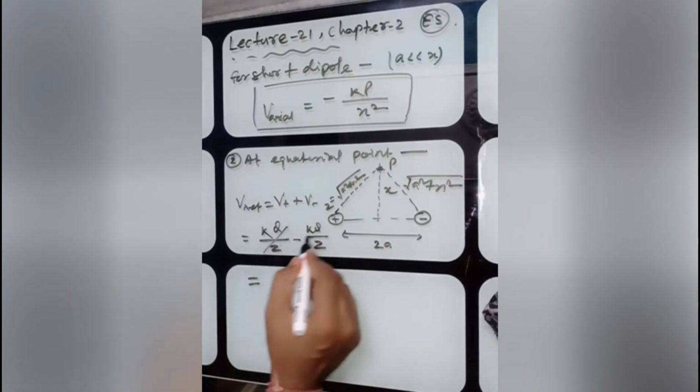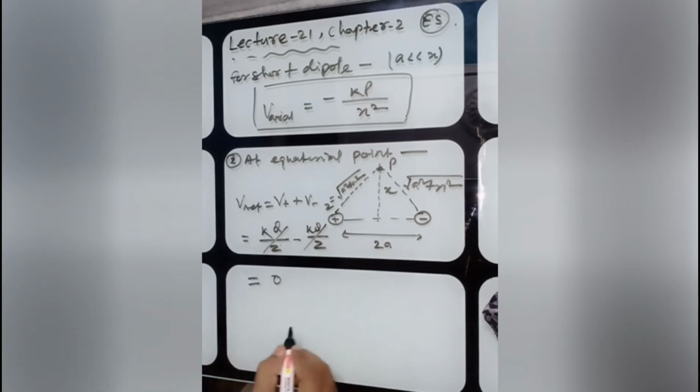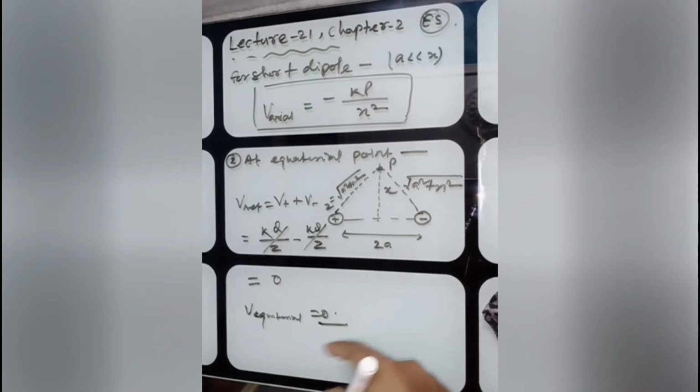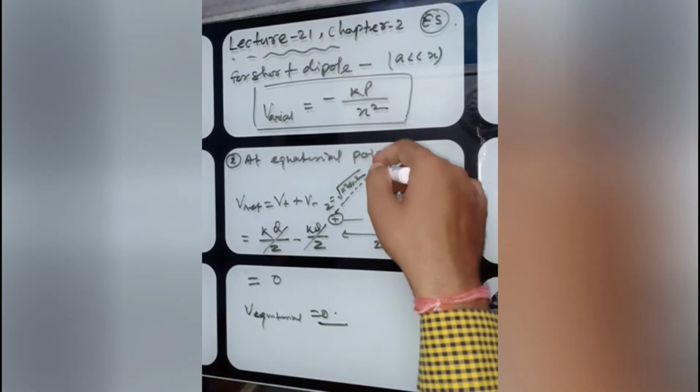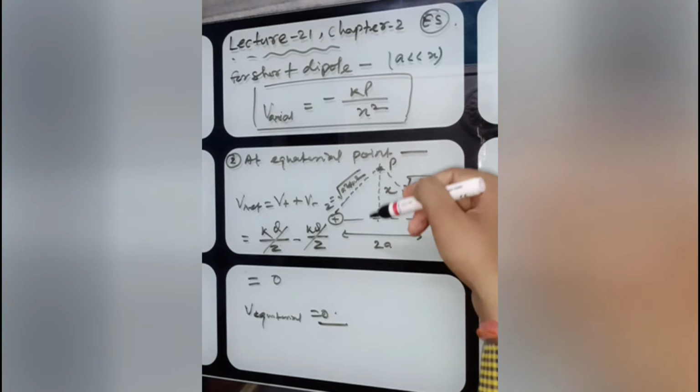So the net potential will be how much? It is 0. Remember, the net potential at the equatorial point must be 0. And if it is 0, then you can say, my dear students, that at the equatorial line, even at any point on the equatorial plane, you will get net potential 0.